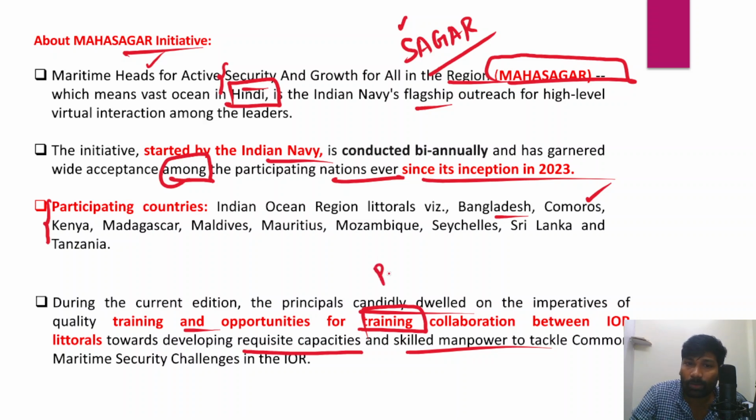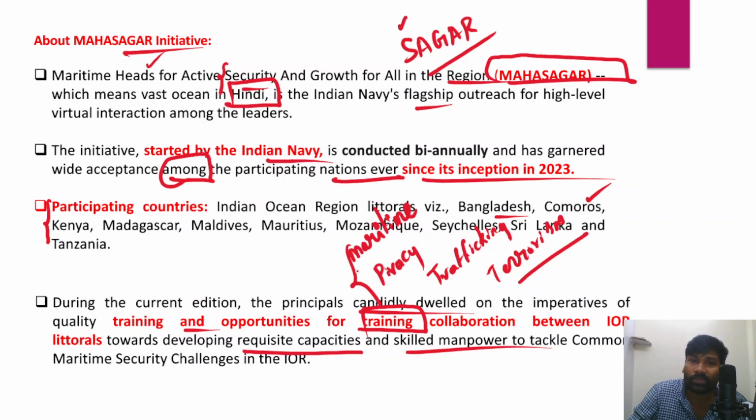When we talk about maritime security challenges, maritime piracy is one challenge. Trafficking and terrorism are others. So all these challenges need to be addressed, to adequately equip these countries and build the capacities of their navies to deal with the new challenges in the Indian Ocean region.